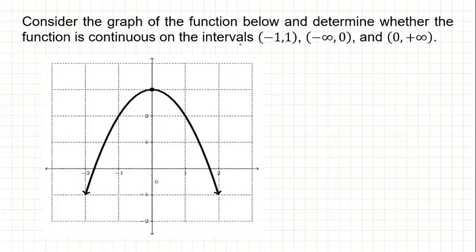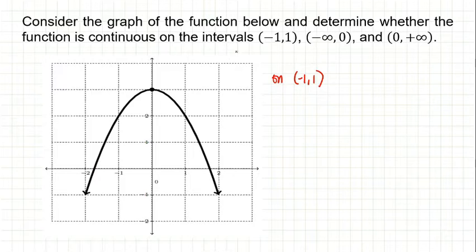Okay, now, on the open interval -1 to 1, para masabi nating continuous yung ating function on this interval, dapat wala tayong madadaan ng holes, gaps, or breaks on the graph of the function corresponding to the given interval.